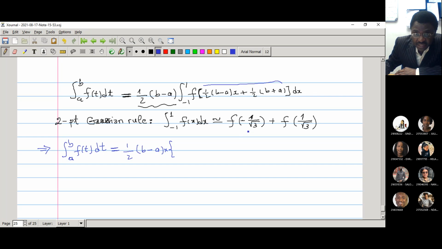You can see that x here, this is the value of x. I will take this x, substitute here in this formula, and take this x also. Let's call this x1 and this is x2. So this integral, which is equal to this, how do I substitute it?